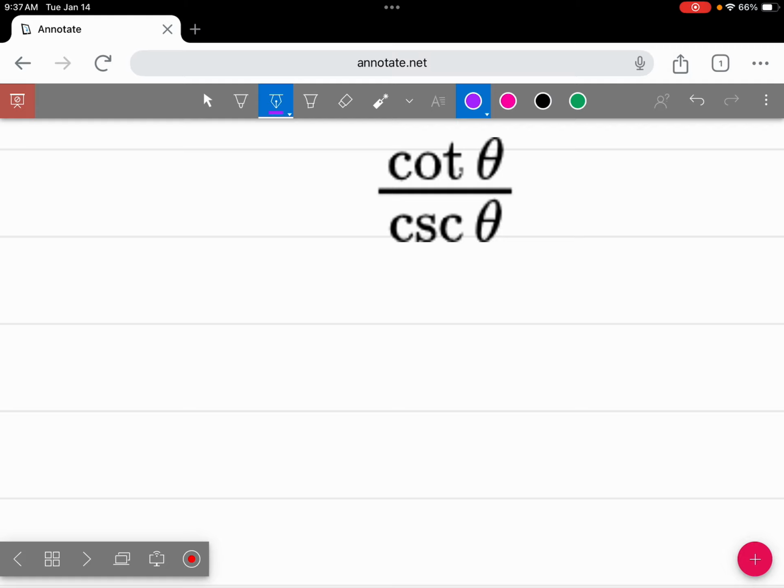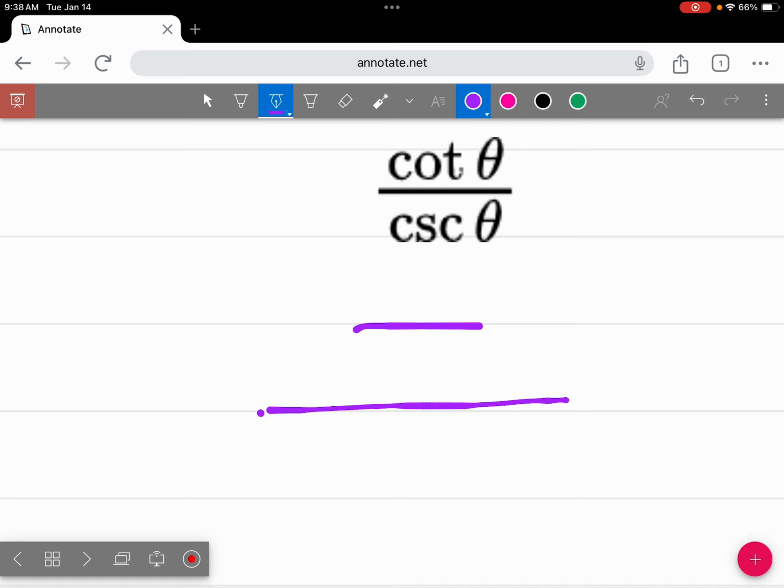So again, I'm going to write these in terms of sine and cosine. So it's cotangent theta divided by cosecant theta. So cotangent, remember that's our reciprocal of tangent.